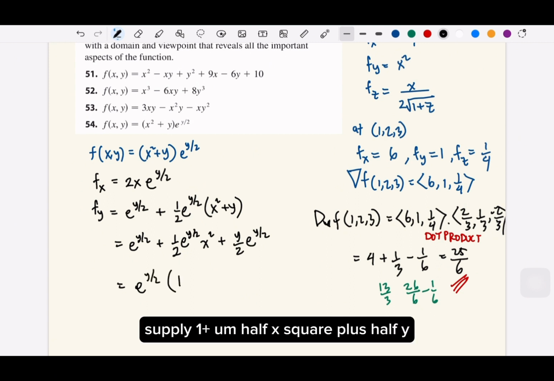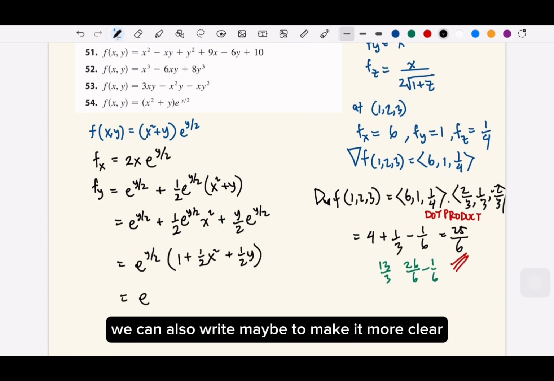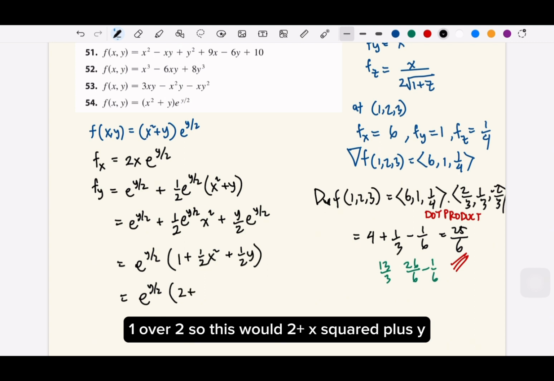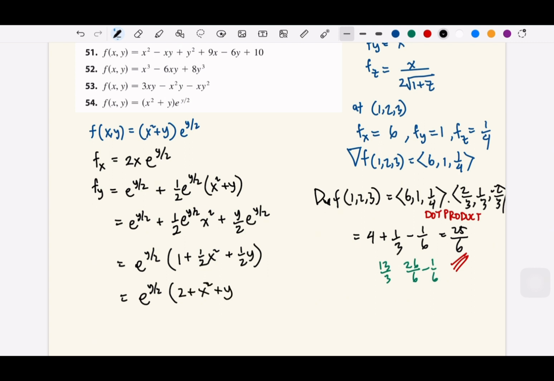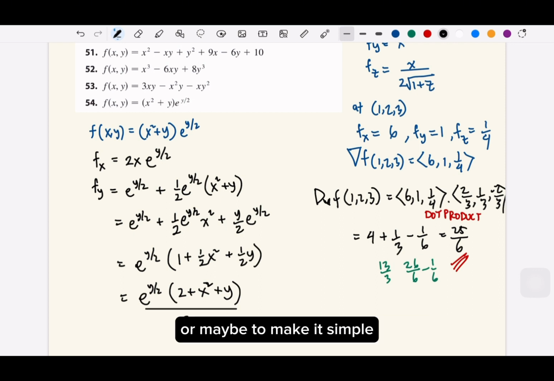So plus 1 plus half x squared plus half y. To make it more clear, I will remove all the 1/2, so this will be 2 plus x squared plus y, and this will be divided all by 2. Or to make it simple, I can write half in the front.